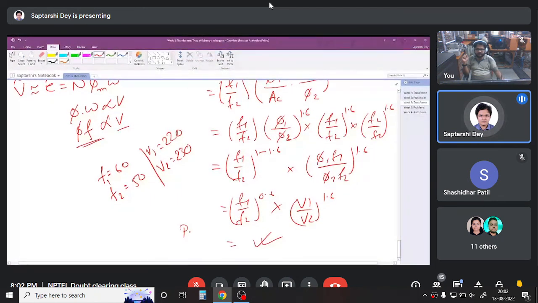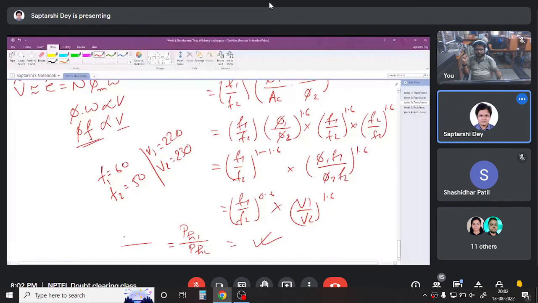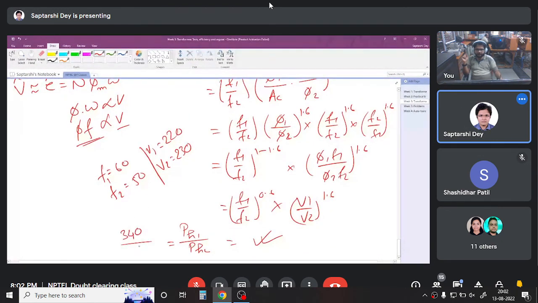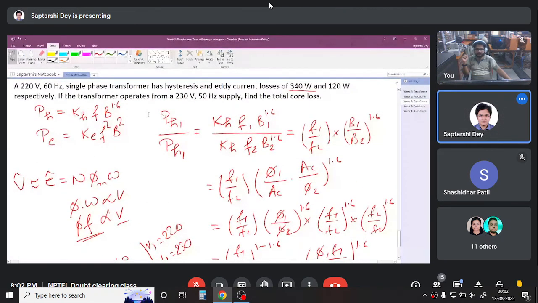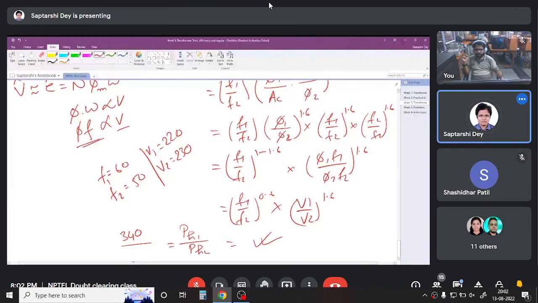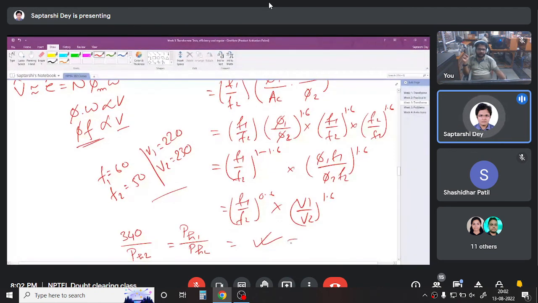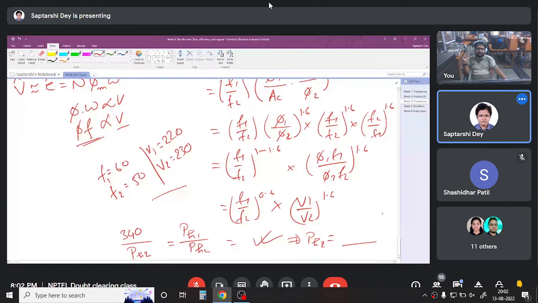On the left hand side we had pH1 by pH2. pH1 is given, 340 watt, and pH2 we have to find out. And here we have all the data. So from here we can find out pH2. Is the process clear?